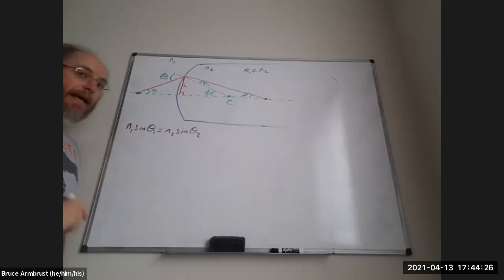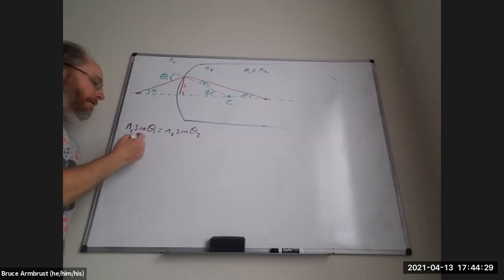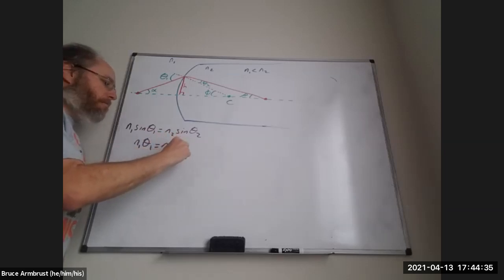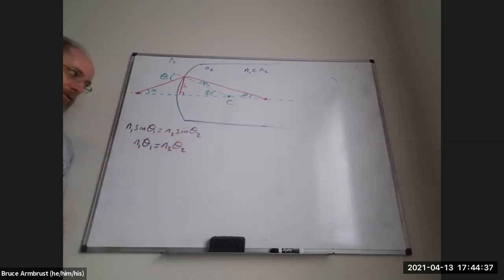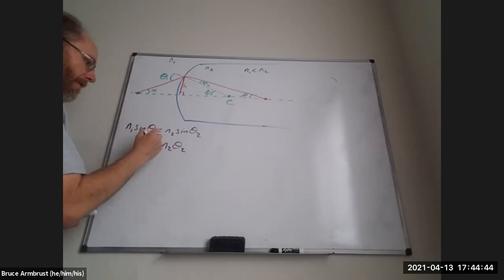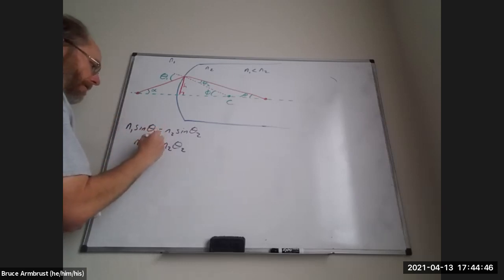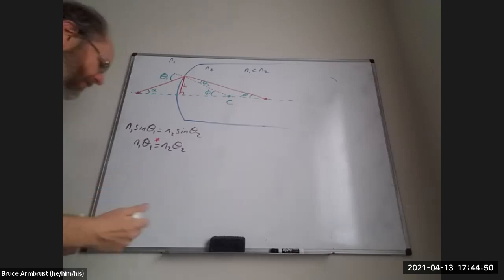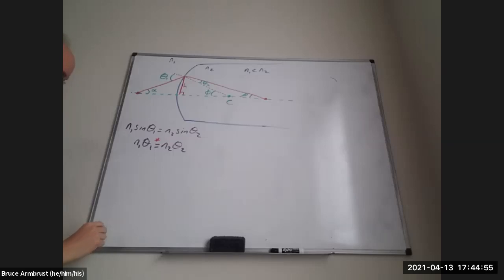Now we're going to do a small angle approximation again, which is going to turn this into n1 theta 1 equals n2 theta 2. Anytime we use the small angle approximation, I'll put a little red star asterisk thing. Okay, so I'll put that down here. This just means small angle.